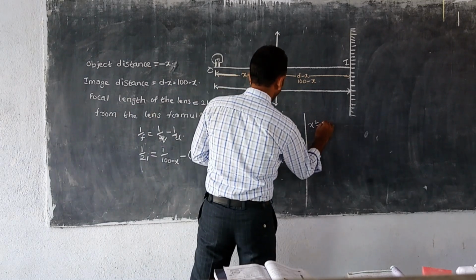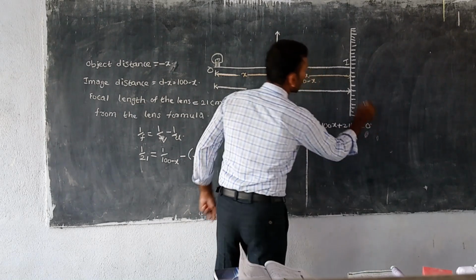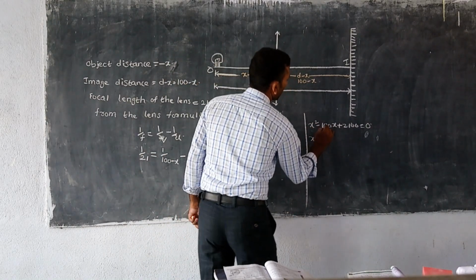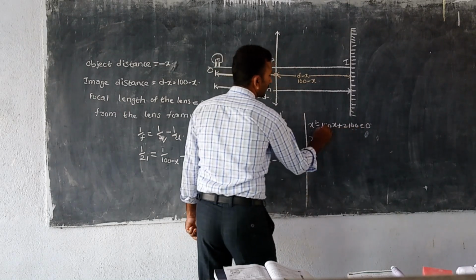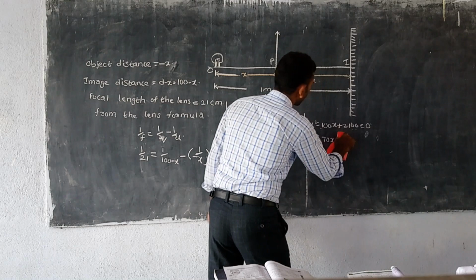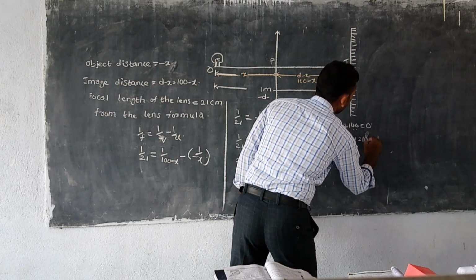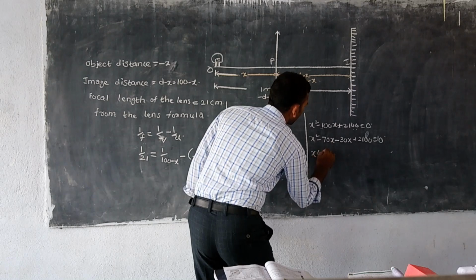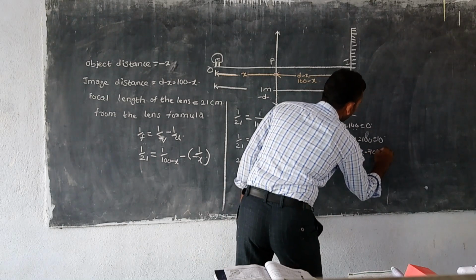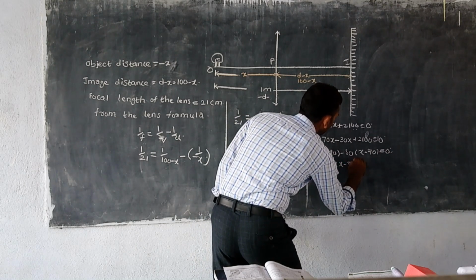Bring this to one side: x square minus 100x plus 2100 equals 0. Now factorize: split 100x as 70x plus 30x, so x square minus 70x minus 30x plus 2100 equals 0. Taking x common, x into x minus 70 minus 30 into x minus 70 equals 0, so x minus 30 into x minus 70 equals 0.